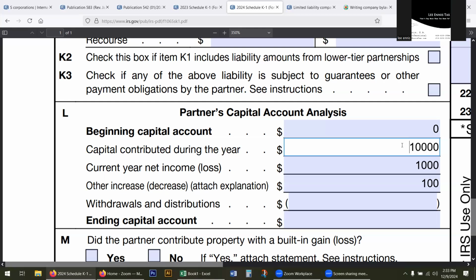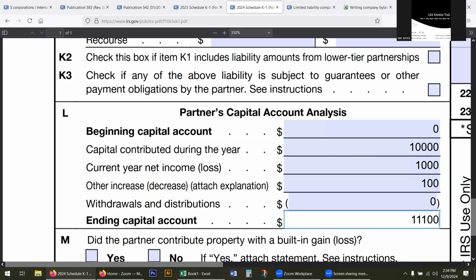So again, the way this works is, let's just say we didn't have any withdrawals. So we didn't take any money out, and then we're going to have an ending capital account. The ending capital account is going to be 10,000, 11,000, 11,100.